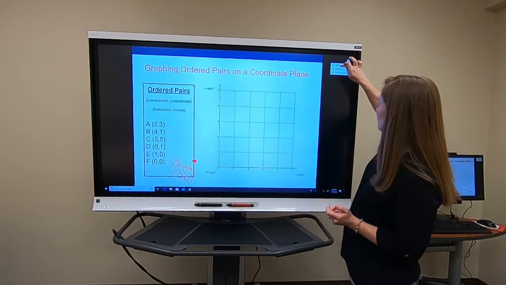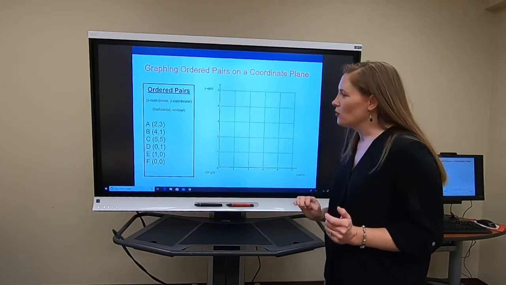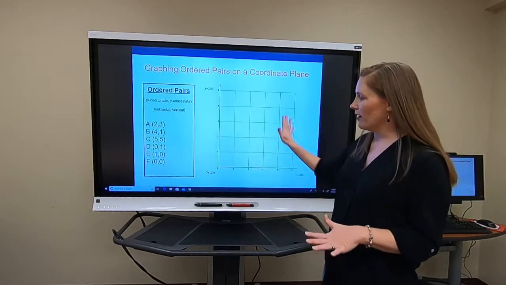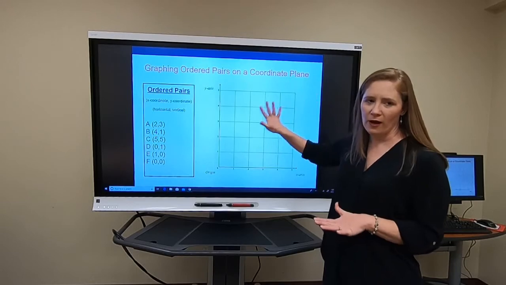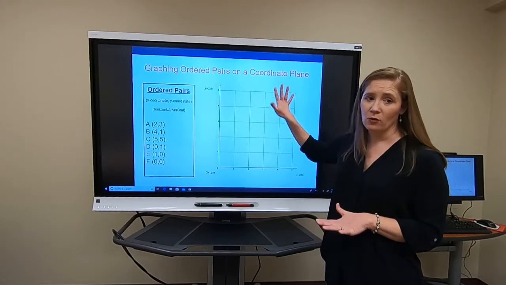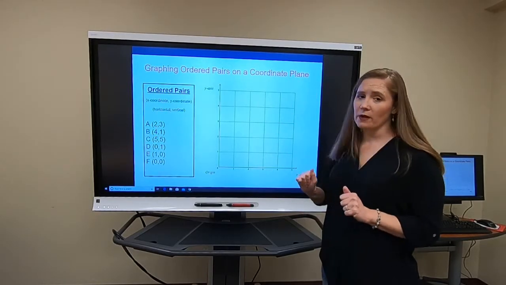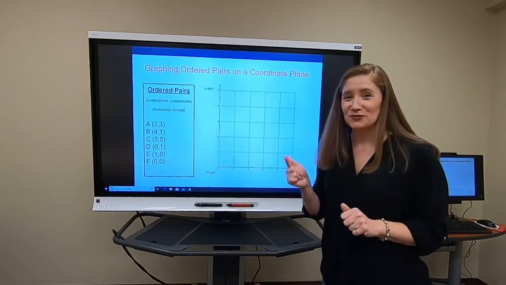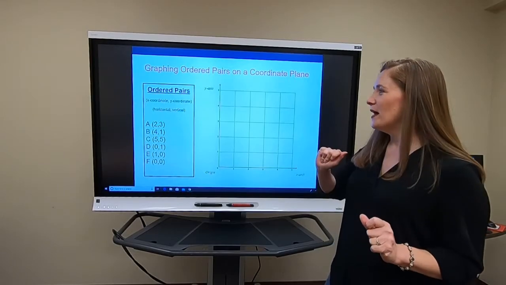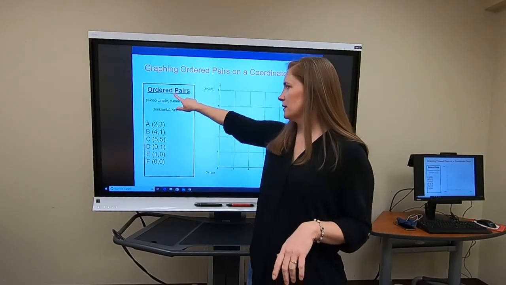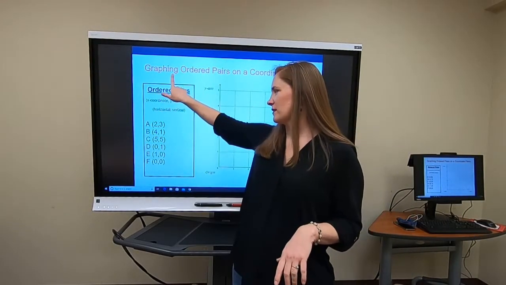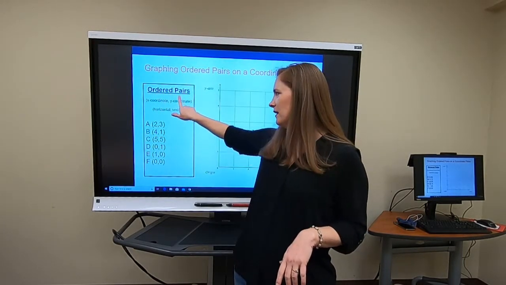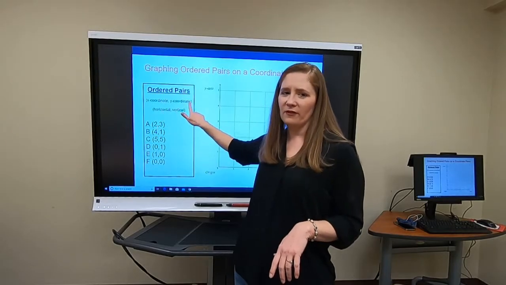You took ordered pairs and graphed them on a quadrant 1 coordinate plane. I'm saying quadrant 1 because we're going to get to the other quadrants, which is really exciting. An ordered pair is an x coordinate, then a comma, and then a y coordinate. You go horizontal, then vertical.